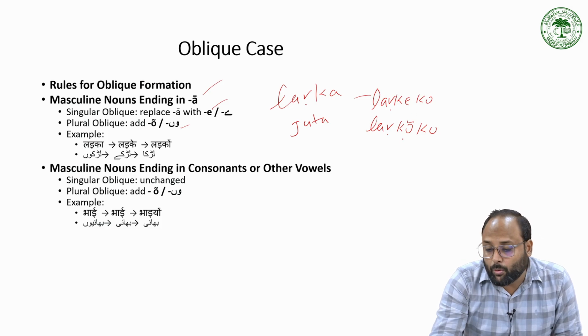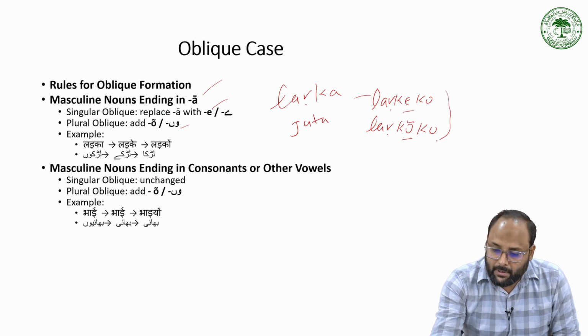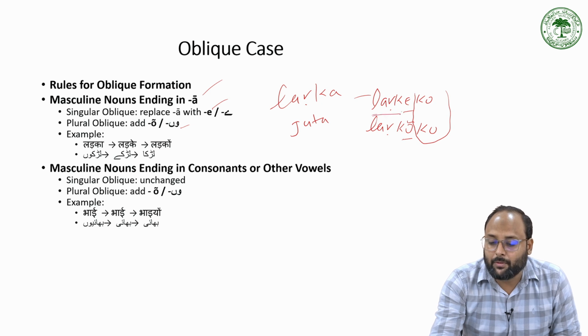So this ko, when the a is replaced by o because of the plural formation, and a replaced by e for the singular formation when we have the postposition. So that is called the oblique case form. It changes, it is modified, or it occurs before the postposition. Either it can modify or not.